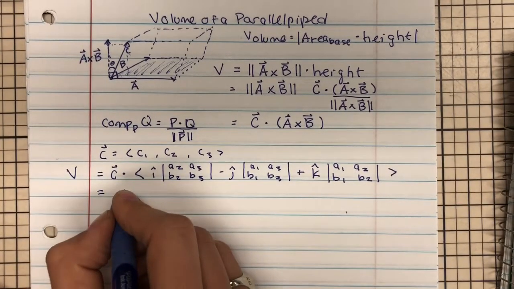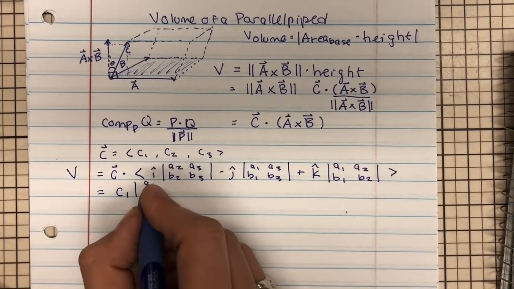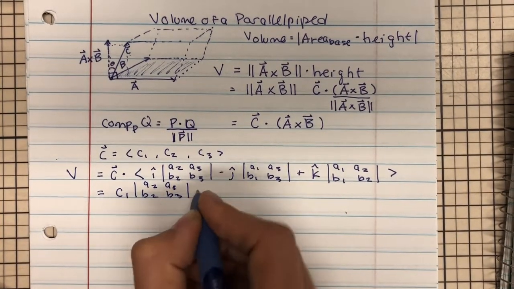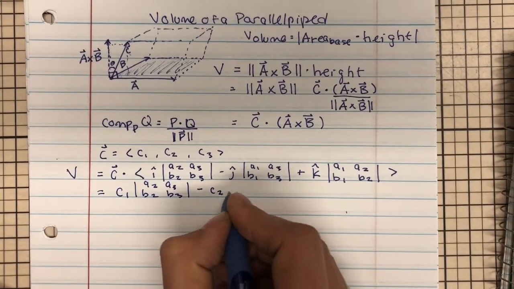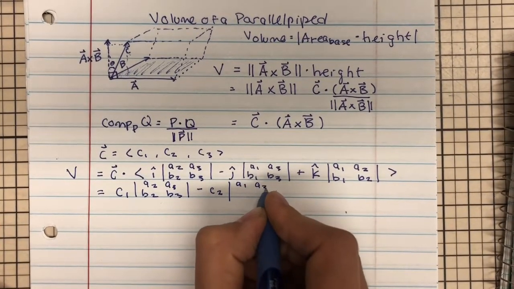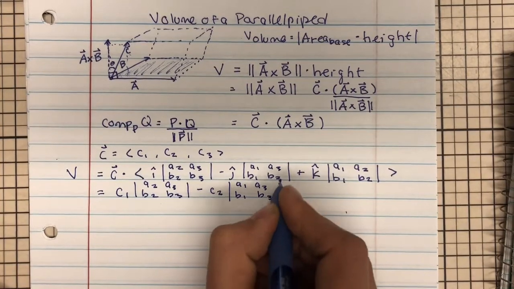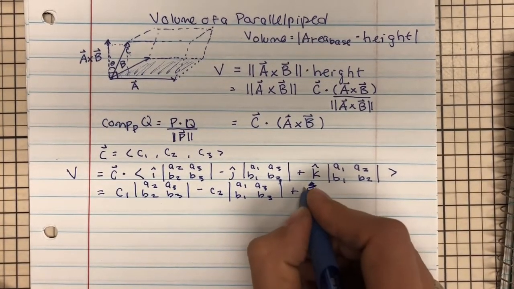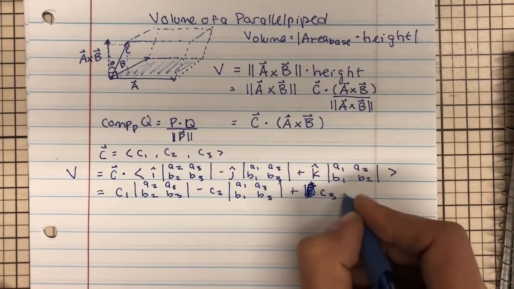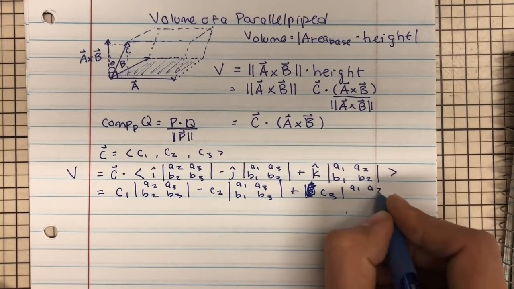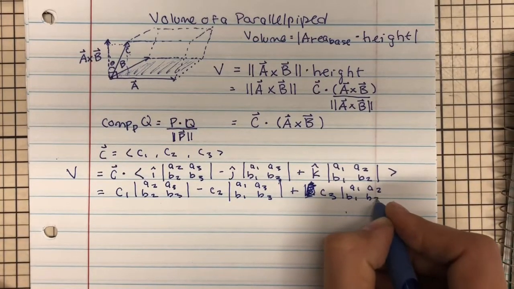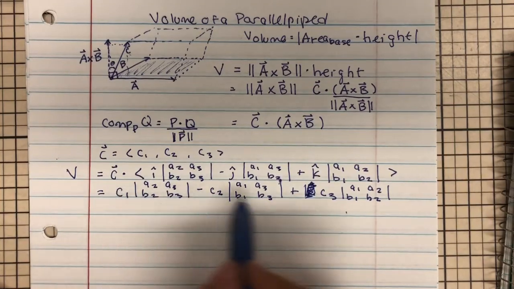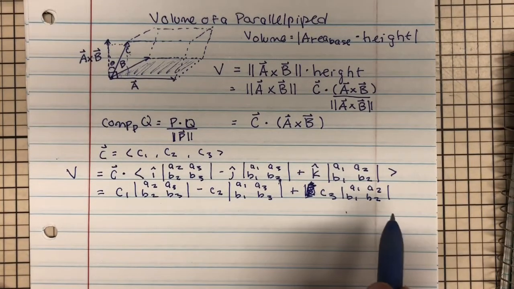So I will get C1, and then the determinant of this matrix, minus C2, plus, oh, not K hat, excuse me, C3. And that is a scalar. Notice I didn't put any vector brackets on it because that's a scalar value.